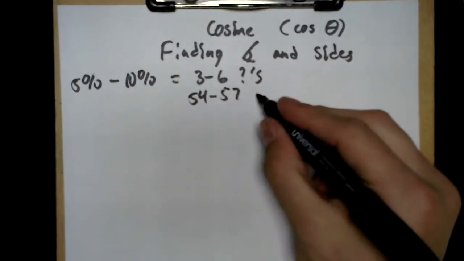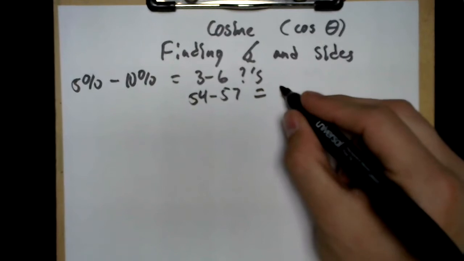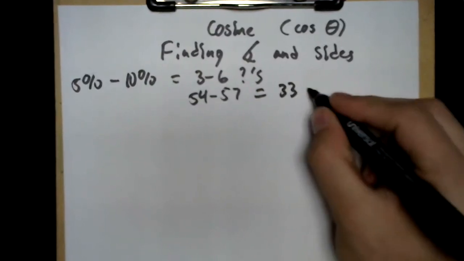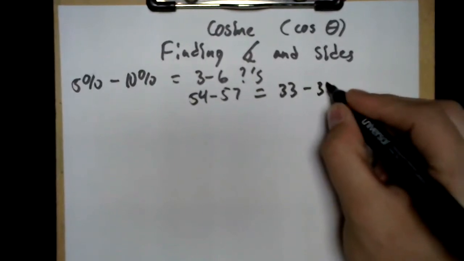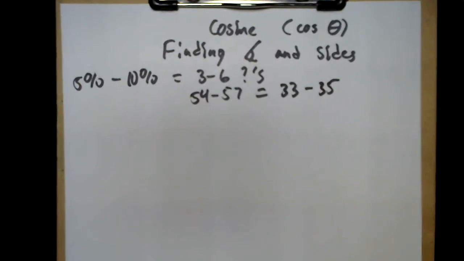For 54 you can get a 33, for 57 you can get a 35. So it's not a big difference to getting a perfect 36, it's only going to bump you down 2 points or so, depending upon where you're sitting.